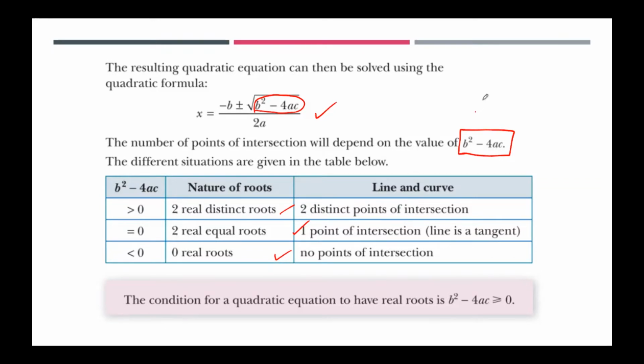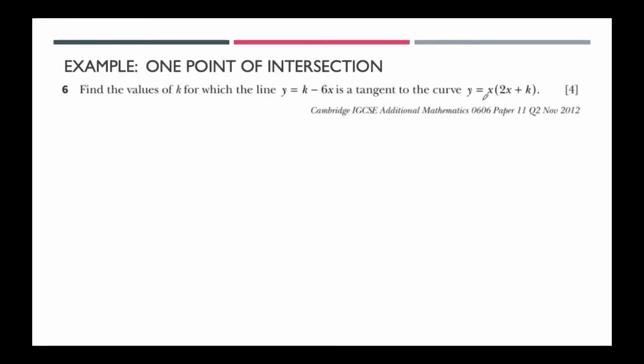So let's have examples for these cases. Have a look at these past year questions from the IGCSE examination, 0606 papers. The first one is: find the values of k for which the line is tangent to the curve. Take note that your keyword here is tangent.